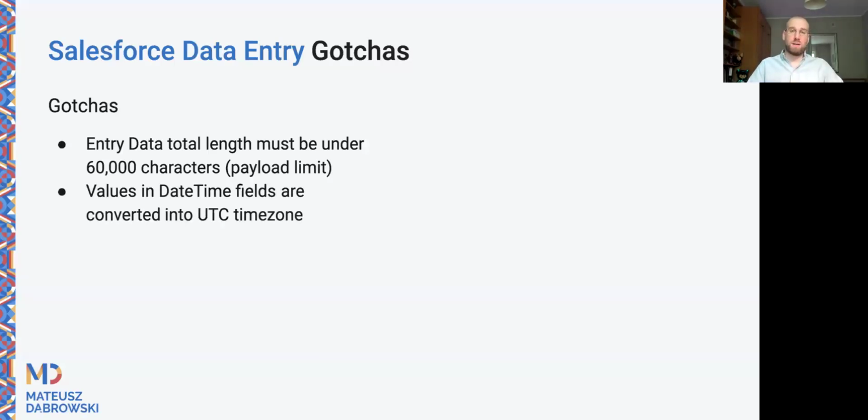Another thing is that whenever you are selecting datetime values to be entered into Journey Builder, they will be converted into the UTC time zone. So you will need to think about how to transform this time into the time that you need in your personalizations within the emails or SMS, or how to leverage it in the decision splits when you're making some calculations on the dates.